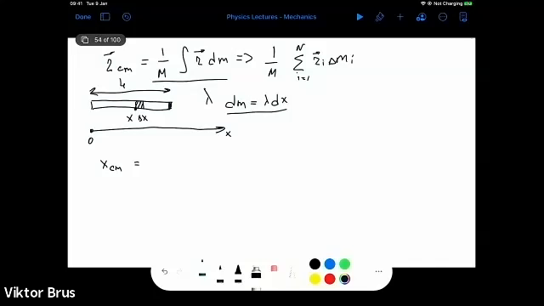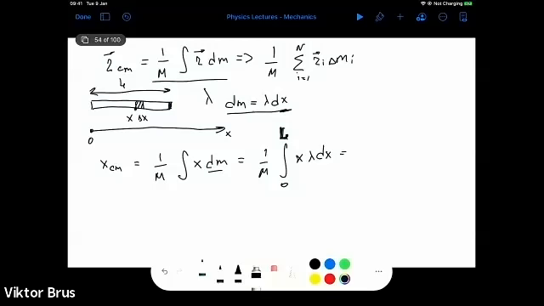So it will be 1 over M integral of x dm, and now we will substitute dm with its expression, which relates dm with dx: 1 over M integral x lambda dx, and we will integrate it from 0 to L for all lengths of the rod.